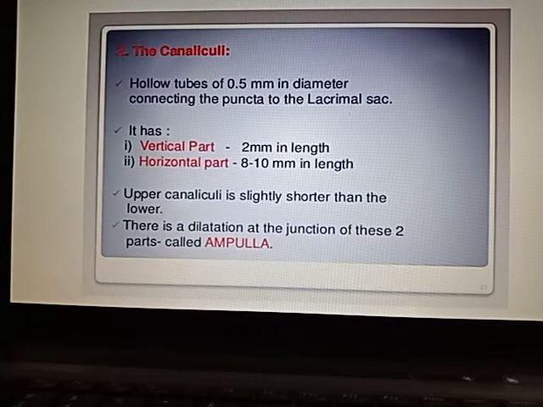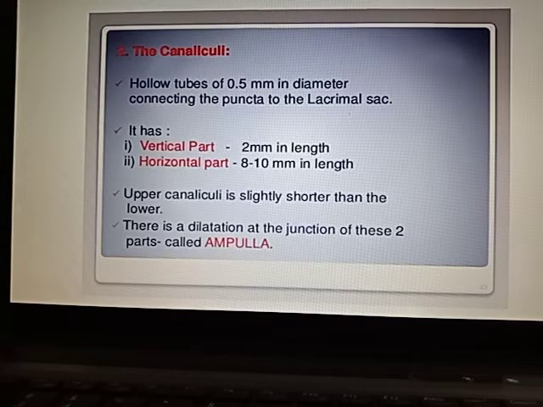One is in each eyelid, called the superior and the inferior puncta, and the superior and the inferior canaliculi also. Then each has a vertical part 2 mm in length and a horizontal part 8 to 10 mm in length. The upper canaliculus is slightly shorter than the lower.